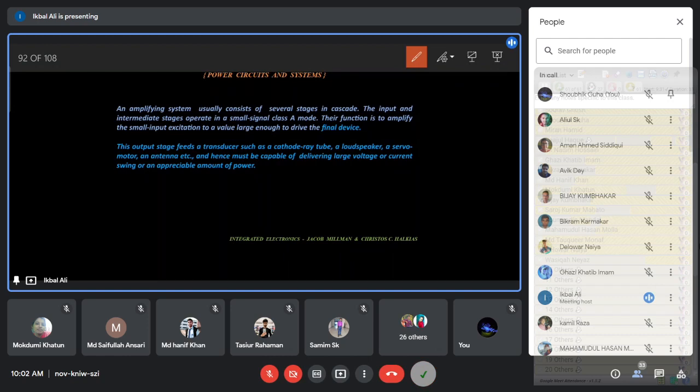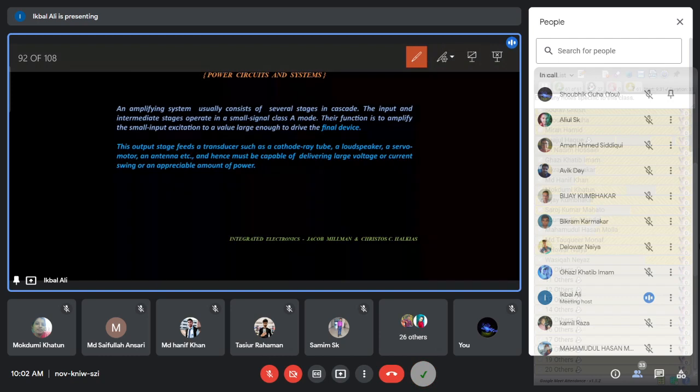The final amplifier is there, but between the first amplifier and the final amplifier you may require some other amplifiers. The first amplifier and the intermediate amplifiers, all will be small signal class A type. It can amplify the signal without distortion, but the amplification will not be at a very high level.